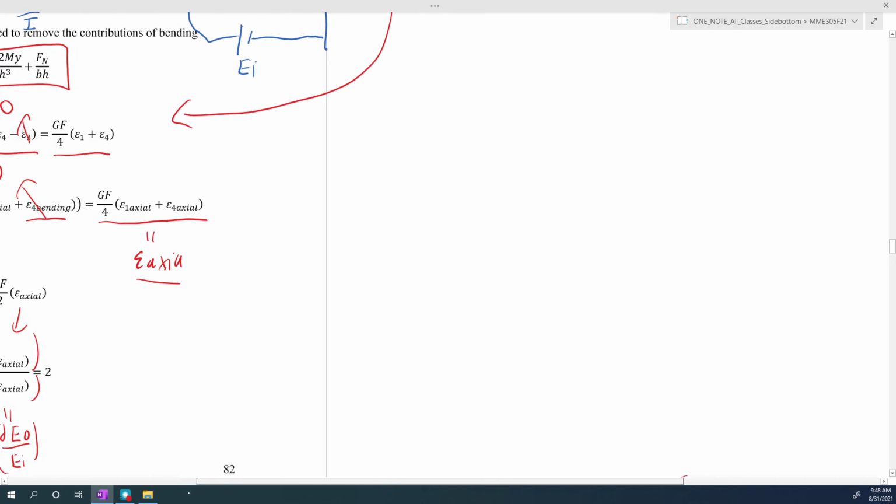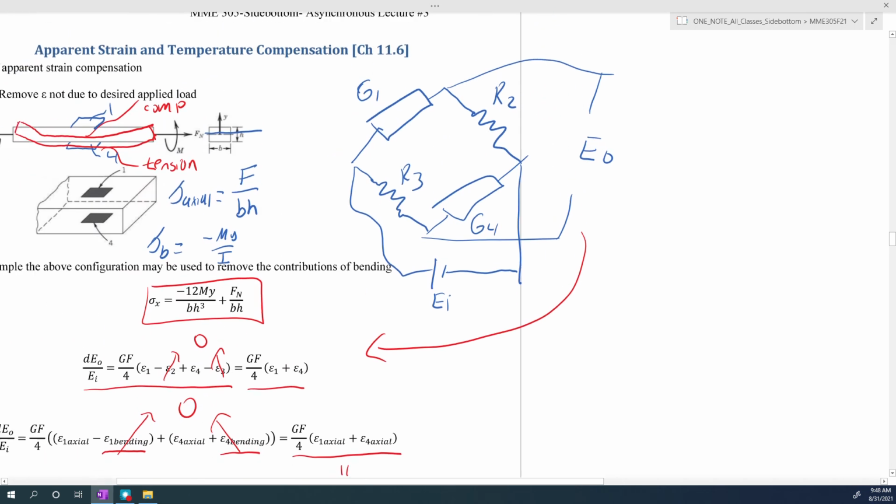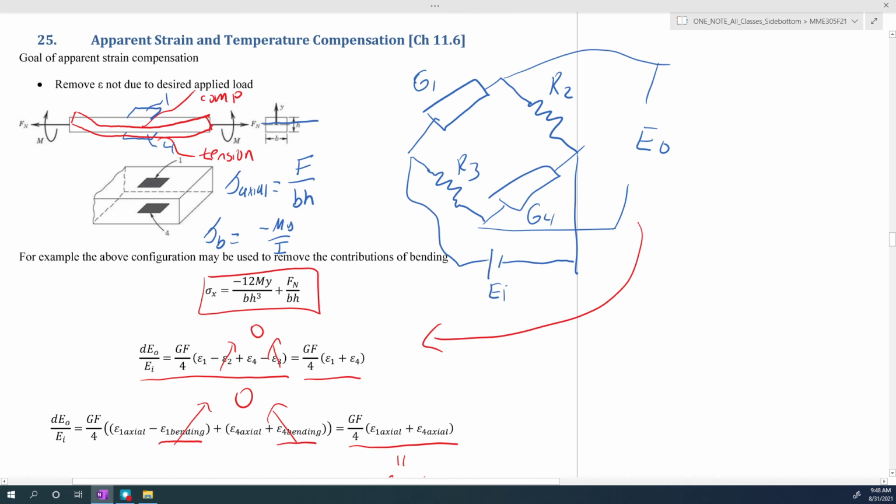So in this case, we would get 2. By using this method, the major thing that we developed is that the strain gauges are now 2 times as sensitive as a single gauge in tension, and we're eliminating any contributions due to any bending moments or transverse forces acting on those two gauges.